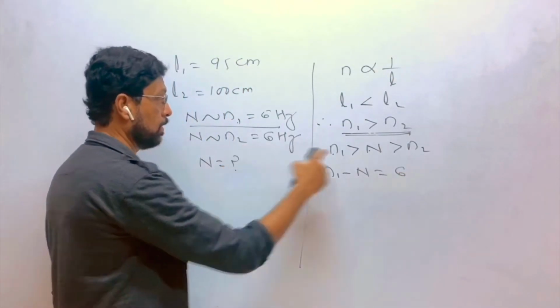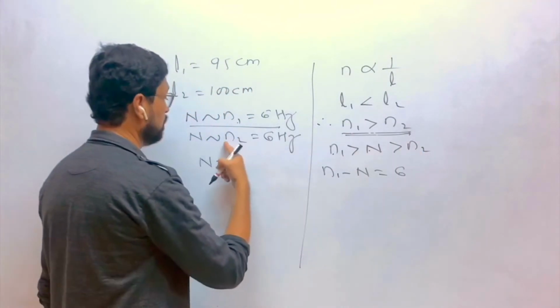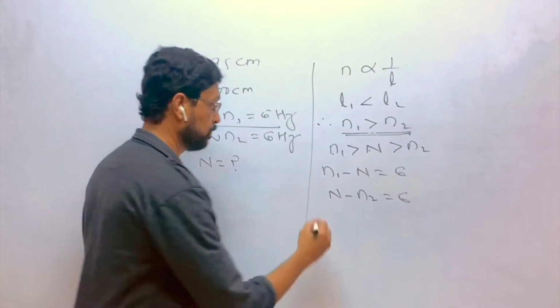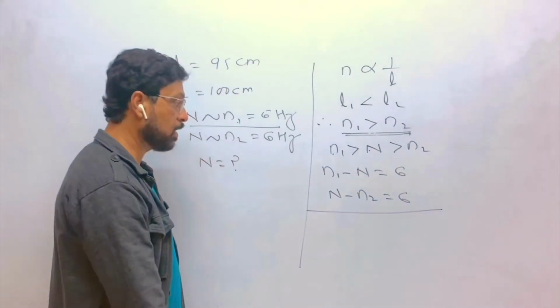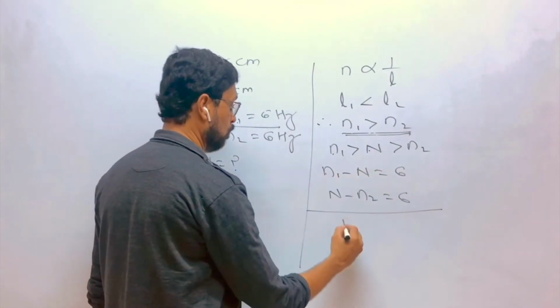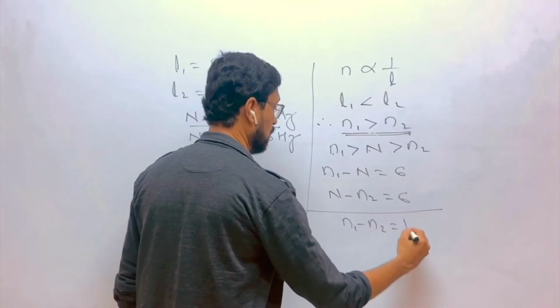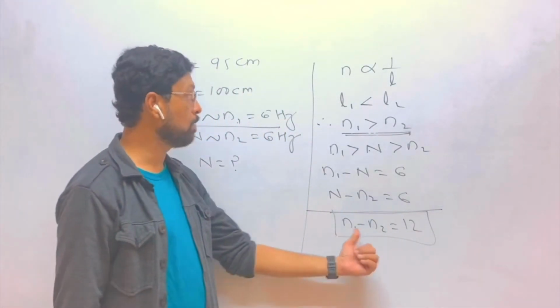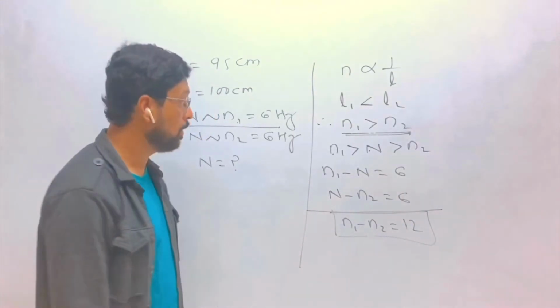Second equation, N is greater than N2, means N minus N2 is equal to 6. दोनों को ऐड करो तो N1 minus N2 is equal to 12. So you got the relation N1 minus N2 is equal to 12.